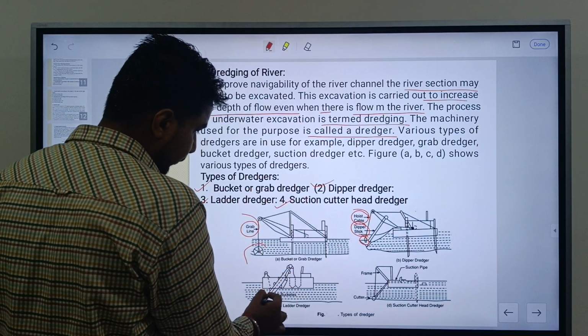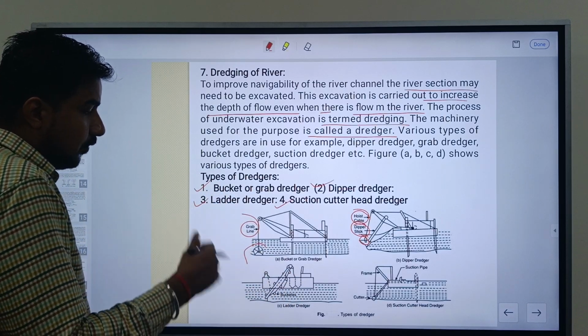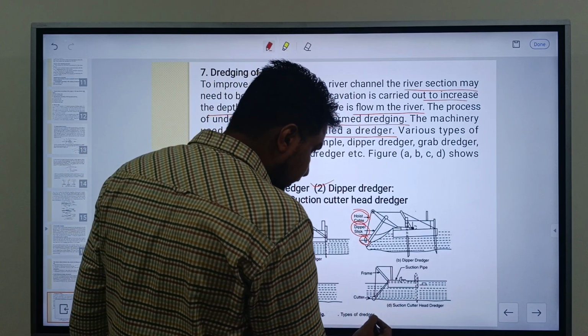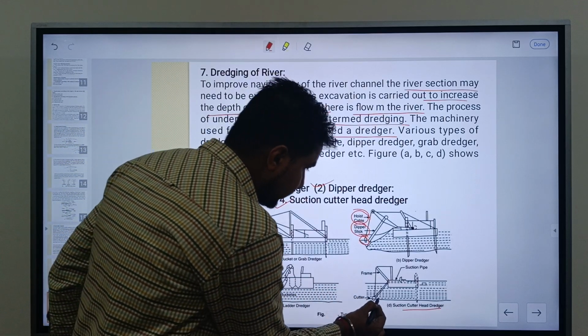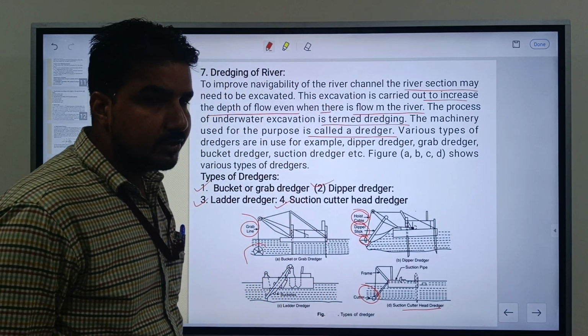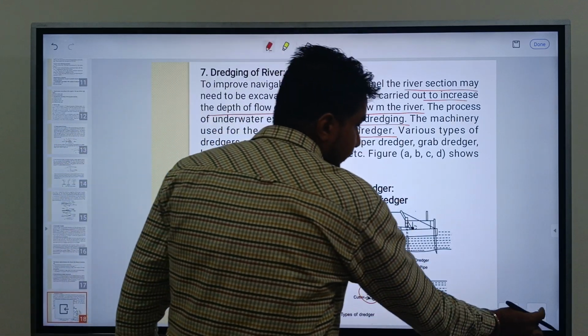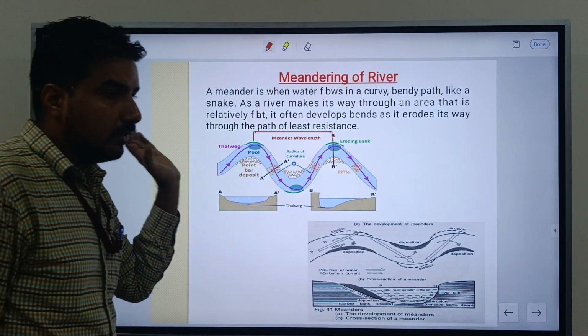So it is showing a ladder working for the dredging or excavation purpose. Now next one is the suction cutter head dredger. So this is a suction cutter. The cutter is provided for the dredging work, and it is very helpful for dredging of the river. So we have discussed the river training method work.